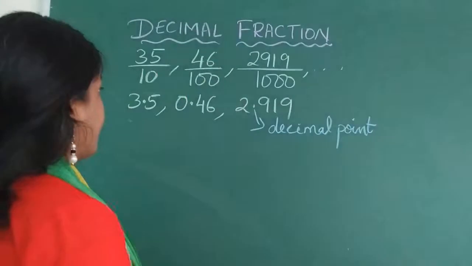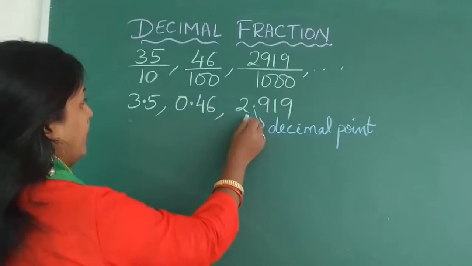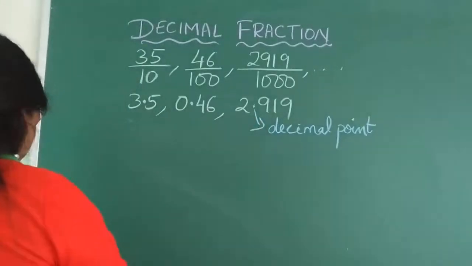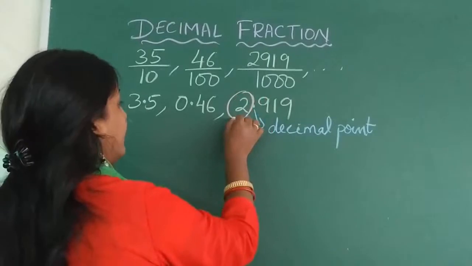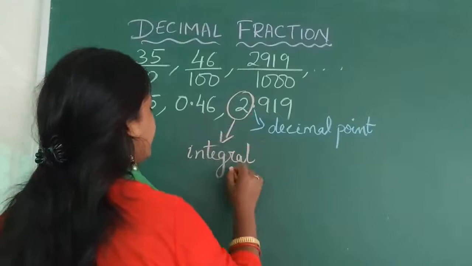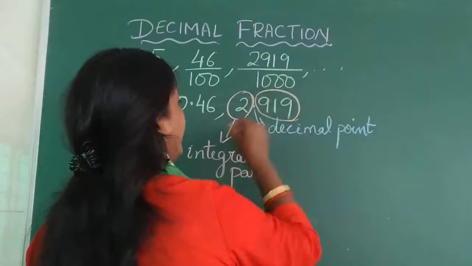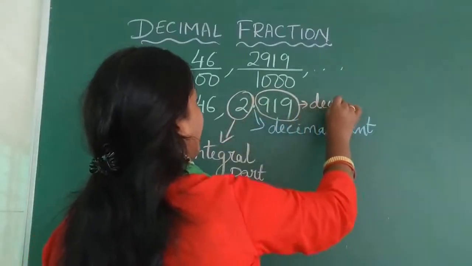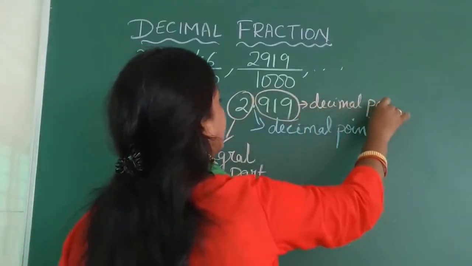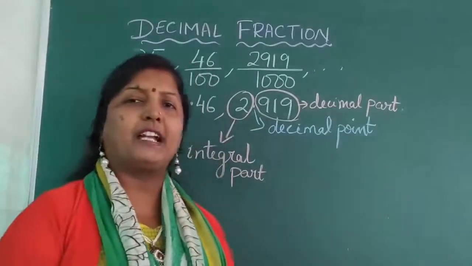Now this decimal fraction has two parts. The number before the decimal point is known as the integral part, and the number after the decimal point is known as decimal part. So I hope you are understanding this.